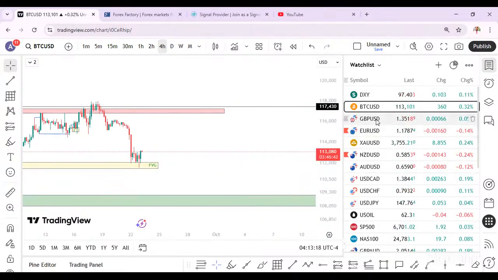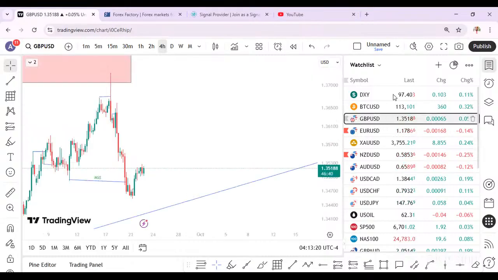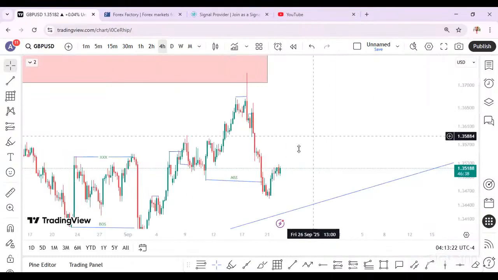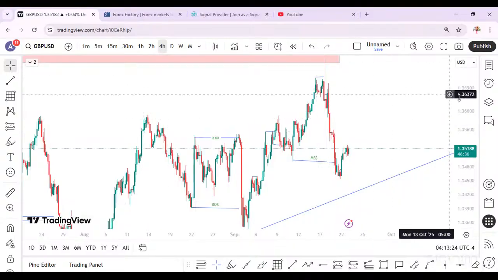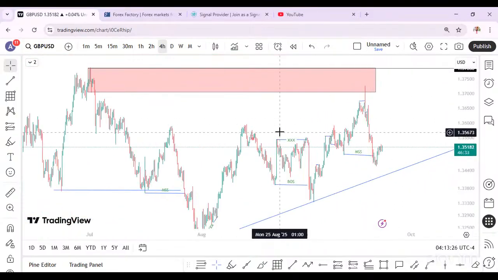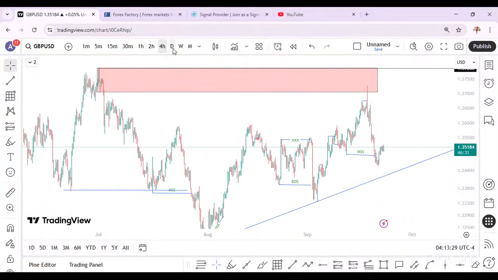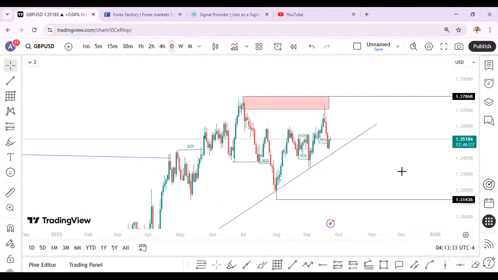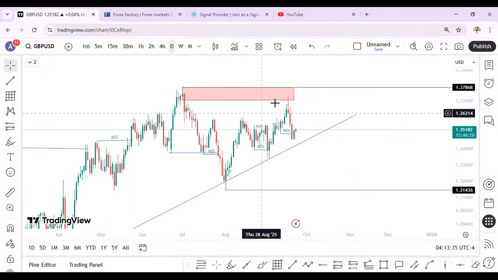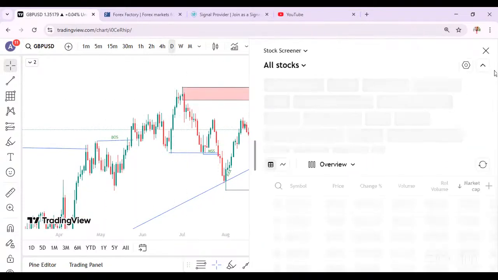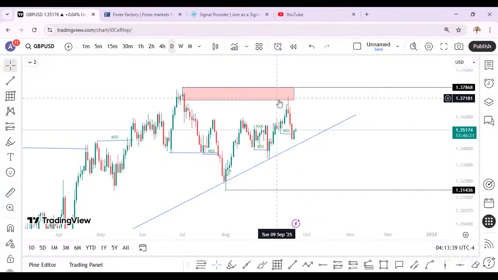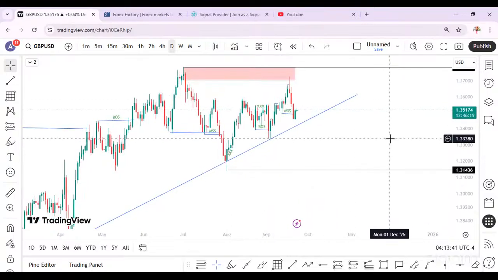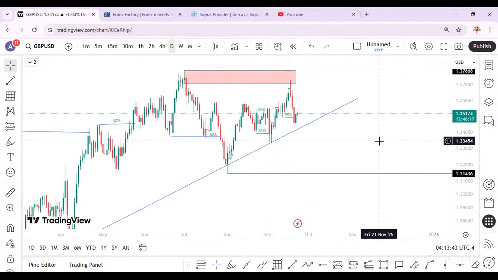So I moved to GU. Yesterday, GU is coming from a kind of resistance zone. So we have price tap into this supply zone, and we have this massive sell-off. Will this sell-off continue? I don't know.